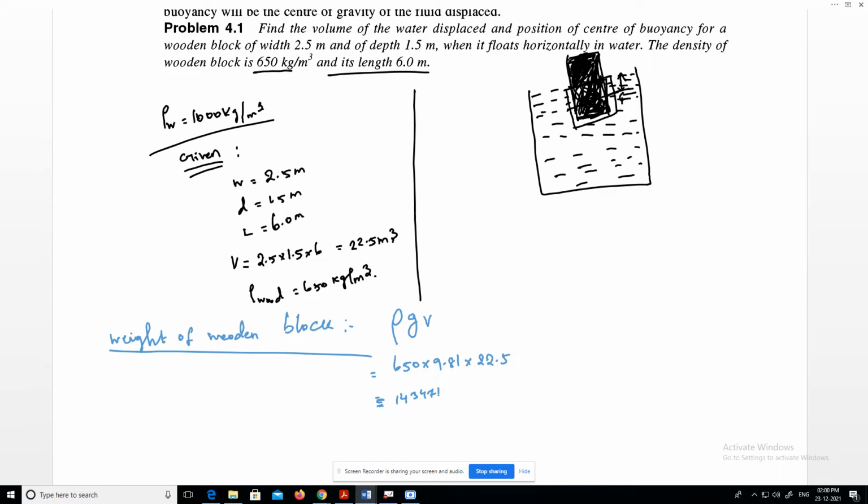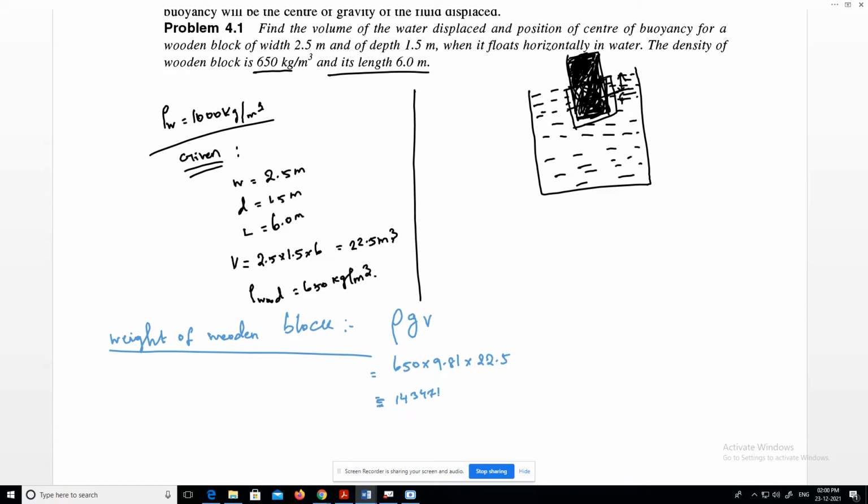Okay, next thing. For equilibrium, the weight of the water displaced is equal to the weight of the wooden block.